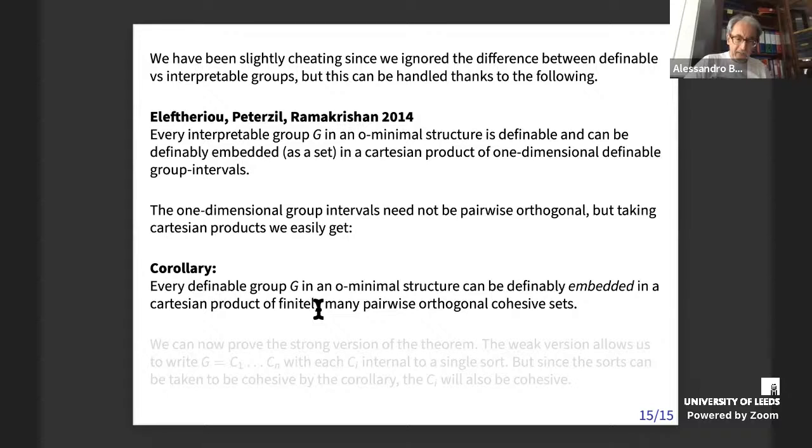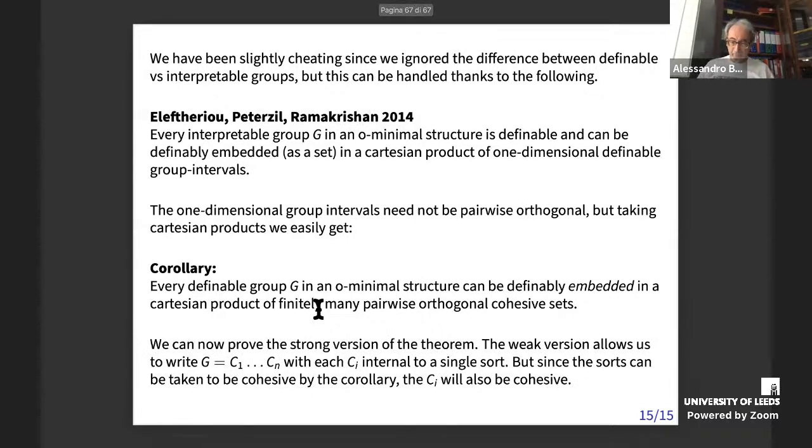Moreover, we can now prove the strong version of the theorem. Why? Because the weak version allows us to write G as a product of definable subsets, not necessarily cohesive, but internal to a single sort, each one. But the corollary allows us to reduce to a situation in which the sorts are cohesive, and something internal to a cohesive set is again cohesive.